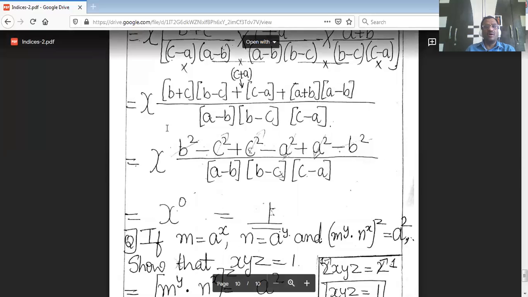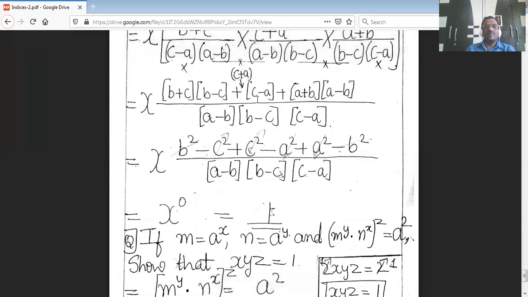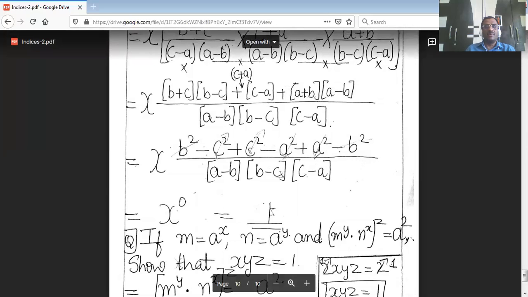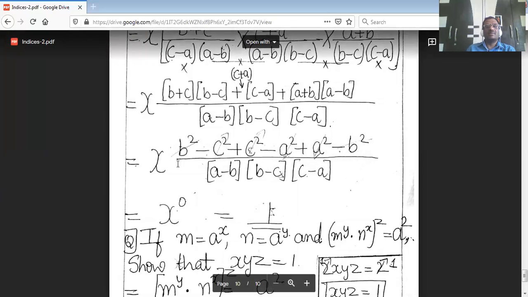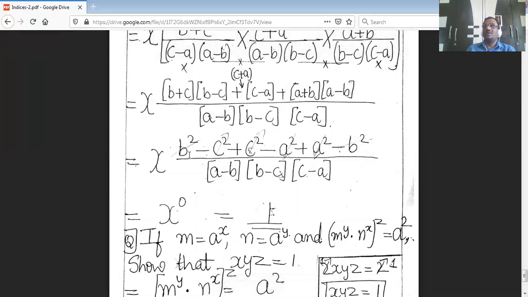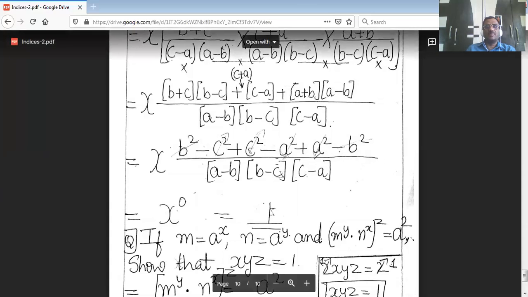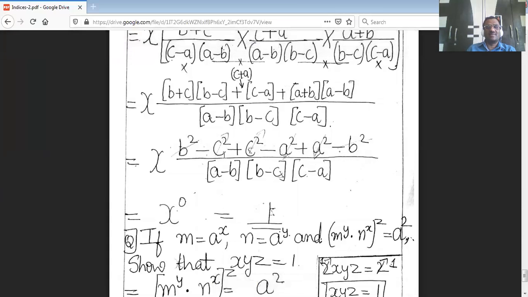This is x to the power of, again applying the same formula, b plus c into b minus c, plus c plus a into c minus a, plus a plus b into a minus b. This is b square minus c square plus c square minus a square plus a square minus b square. Now these things are going to be cancelled: plus b square minus b square, c square and c square, a square and a square.